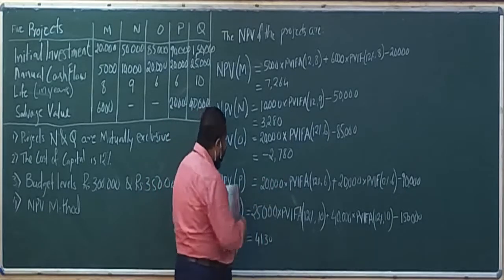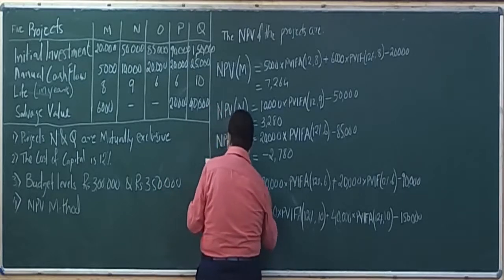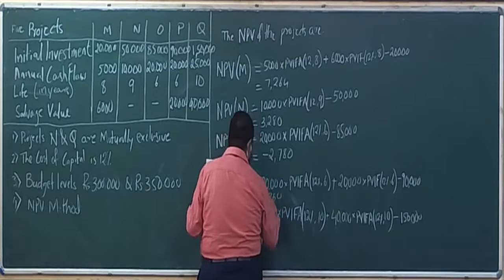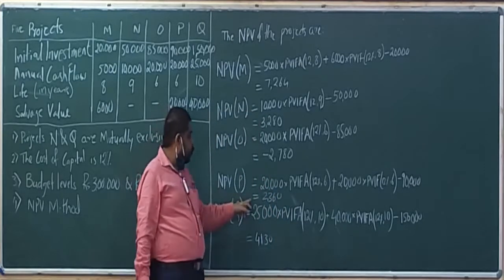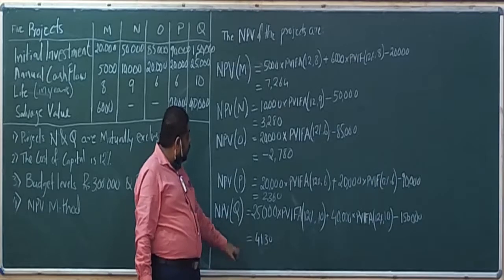So the answer for project P is 2,360. For project Q, the NPV is 4,130.